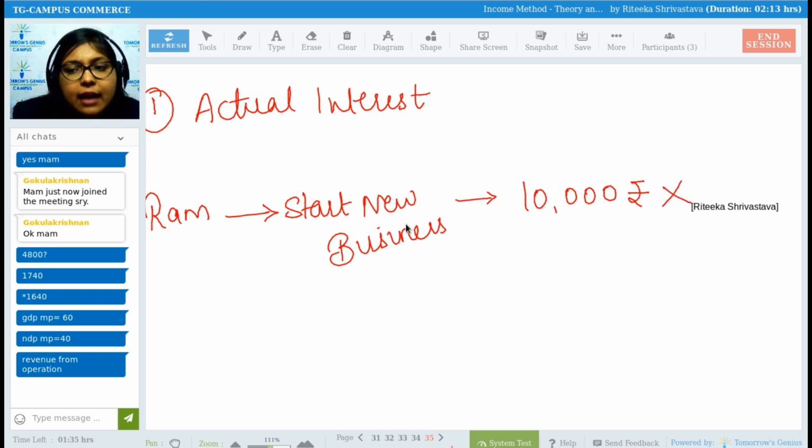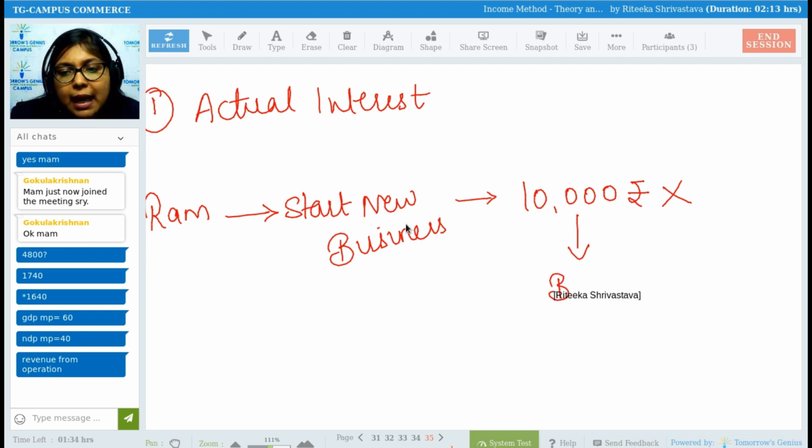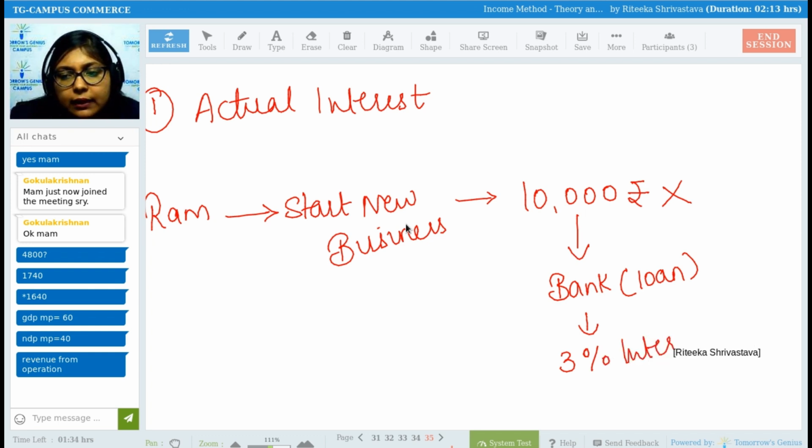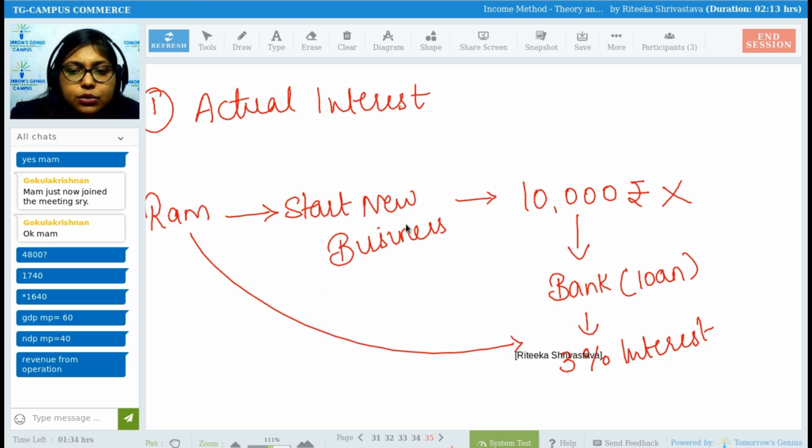He does not have this money. So what does he plan? He plans to go to a bank and take a loan. When he takes the loan, the bank says you have to pay 3% interest. So Ram agrees to it and is okay with it.